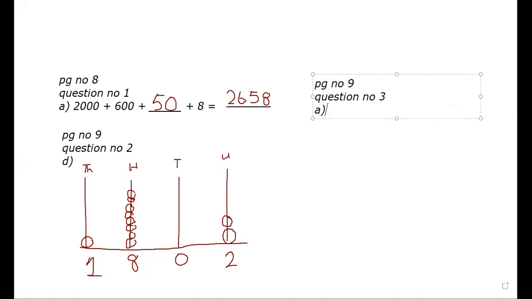In A part, they write 1426. So what you have to do in this question, draw the correct number of beads on each abacus to match the number. You can see on your notes that they draw an abacus under it. So how are you going to solve this one?